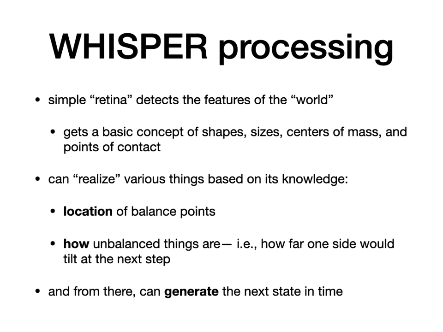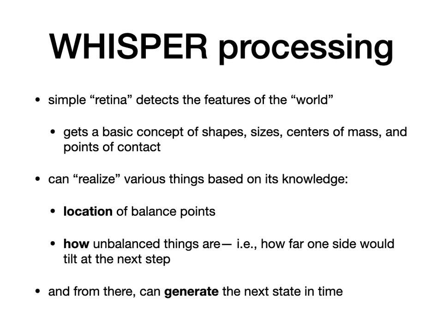So Whisper has what you might call a retina. The back of your eyeball is an array of sensors that can detect light, right? We can talk about that another time. But the idea is that Whisper can take all these basic concepts of shapes and sizes and centers of mass and all the points of contact. It can detect these things. Those are more of its rules, right?